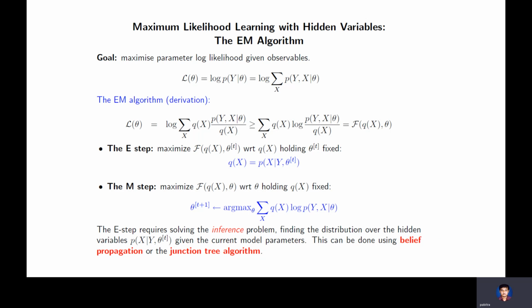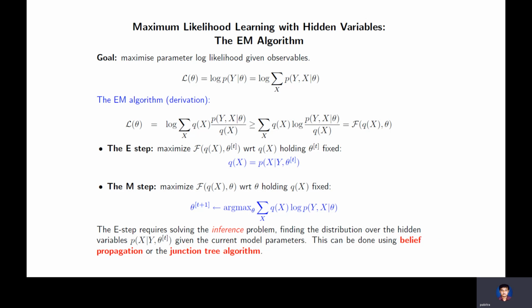Our goal is finally to find the parameters of a conditional probability table so that the log likelihood L of theta, which is log of P of y given theta, which we expand by including all other x, is log of the summation over all x of P of y joined with x given theta. You maximize this quantity. You find the CPTs such that this quantity is maximized.